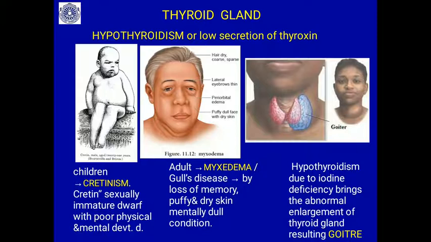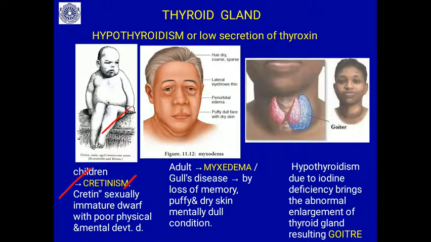When it occurs in the very young stage, in children, it leads to cretinism. It leads to improper growth, and the child is called a cretin. Cretin means the child is sexually immature and dwarf, with poor physical and mental development.